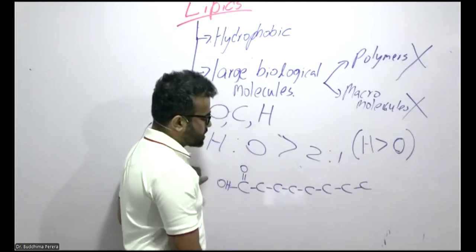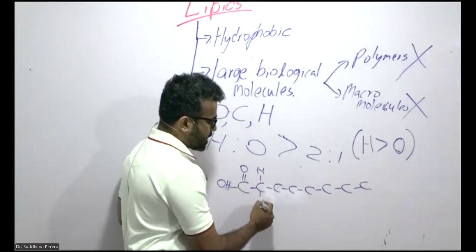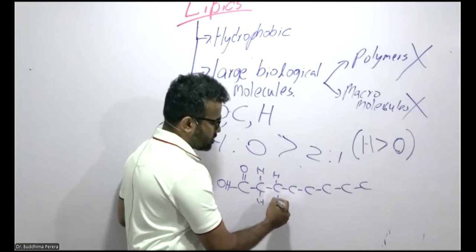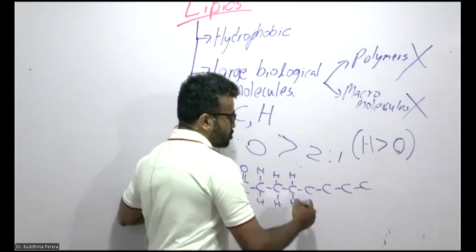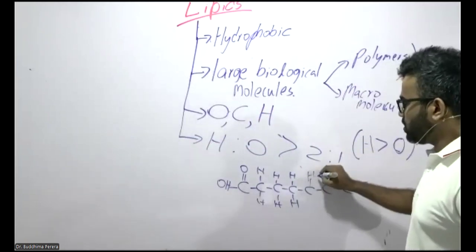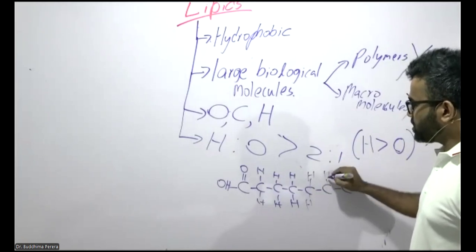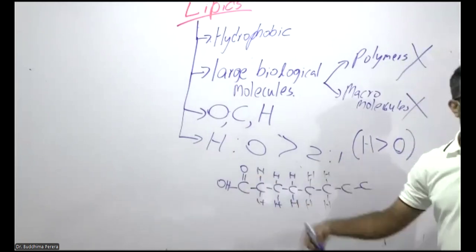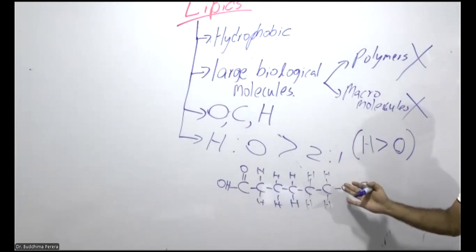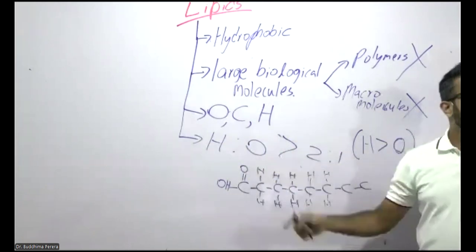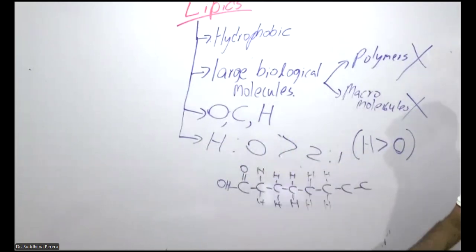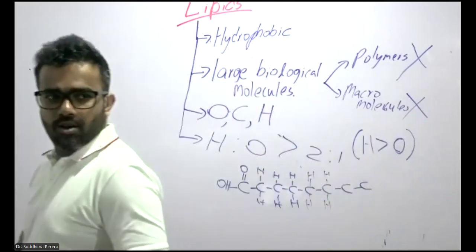In this carbon skeleton, there are hydrogens attached to it. There are so many hydrogens. Here there are only two oxygens, but plenty of hydrogens. Then there won't be a ratio of 2 to 1 in lipids, right? Always more hydrogen than oxygen.